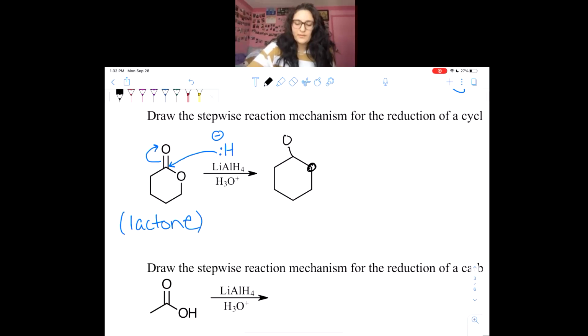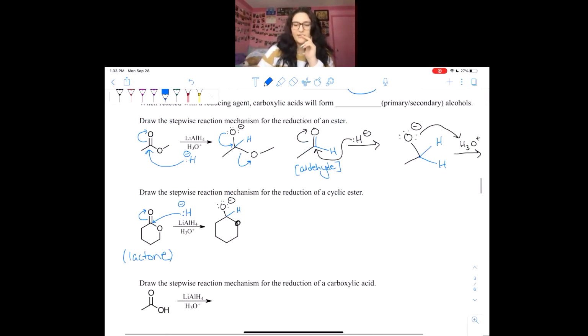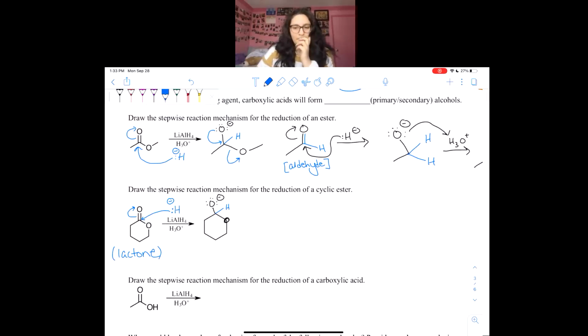So what do you think the next step would be? Someone said the double bond reforms and cleaves the ring. You're absolutely correct. This pair of electrons goes down, reforms a double bond, and breaks this bond right here, opening the ring up this way.